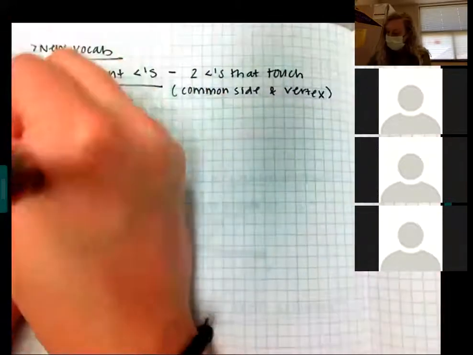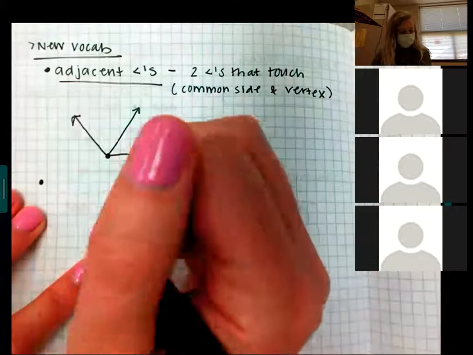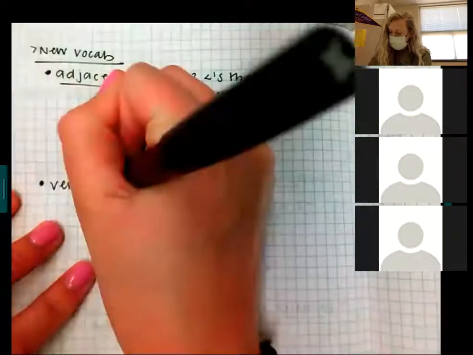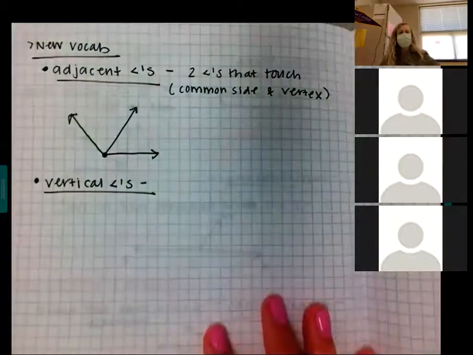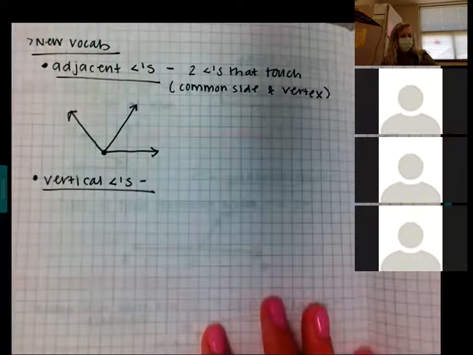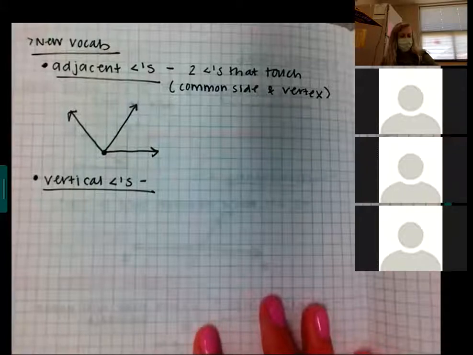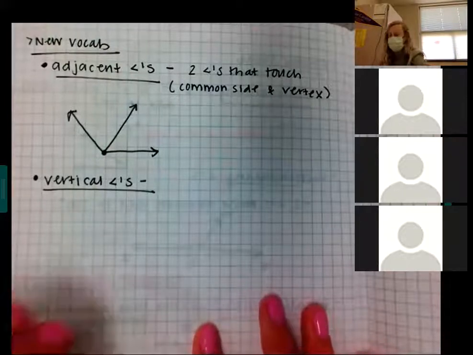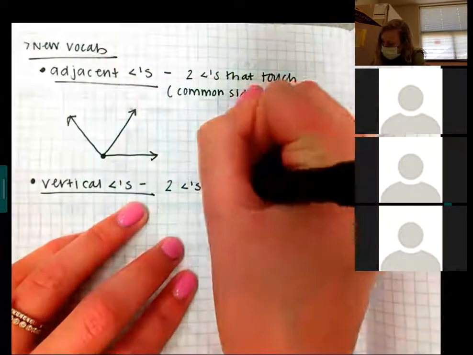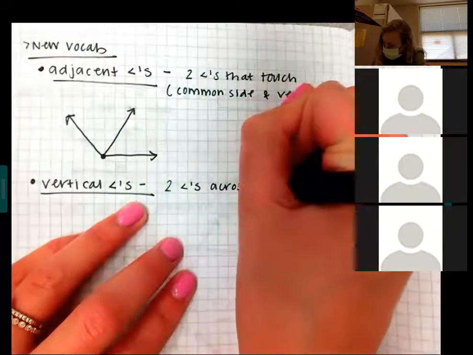All right, last new one before we do a big picture. Vertical angles. This one always trips my kids up, and I'm really not sure why. So vertical angles are two angles across from each other.